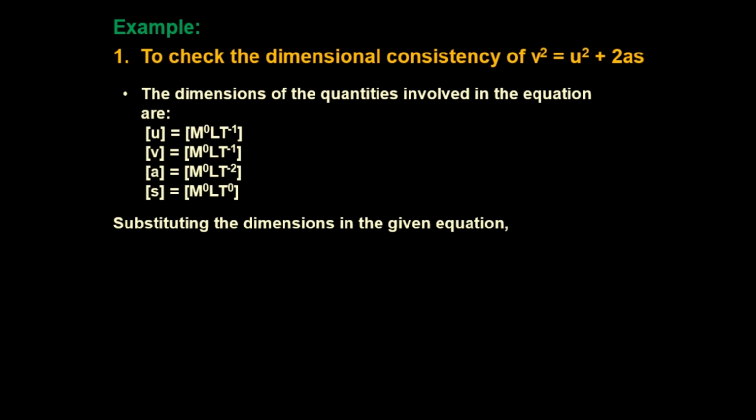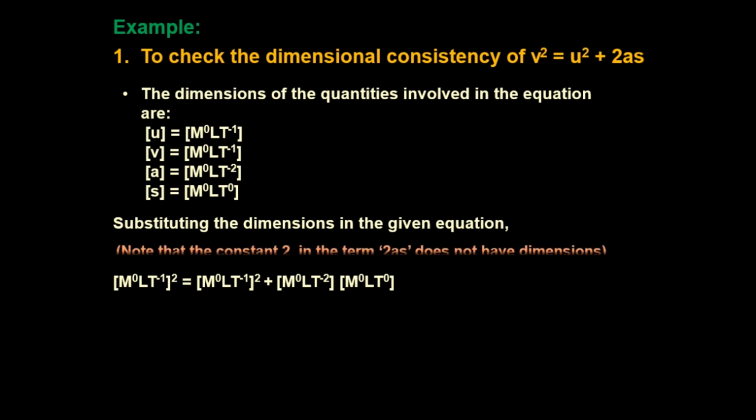Substituting these dimensions in the given equation: (M^0 L T^-1) whole square equals (M^0 L T^-1) whole square plus M^0 L T^-2 times M^0 L T^0. Here we ignored the constant 2 in the term 2as.